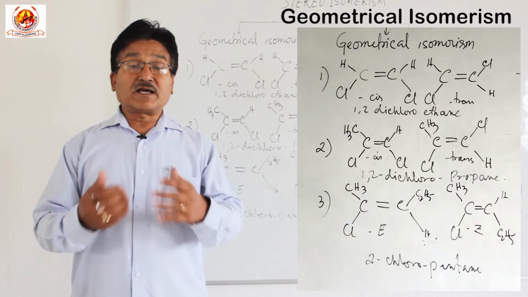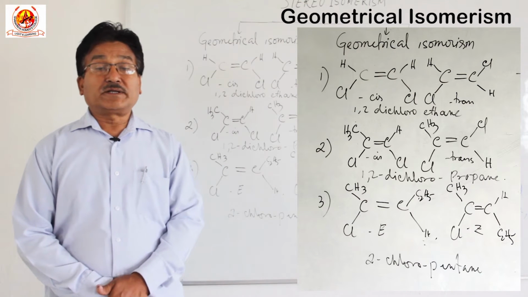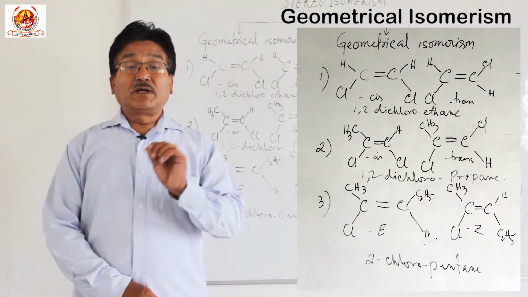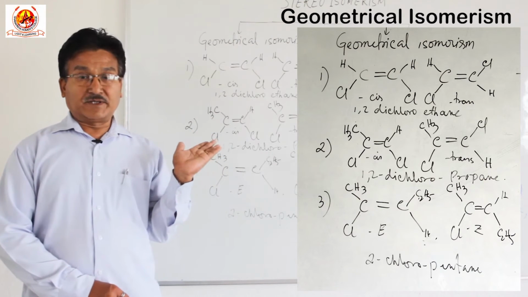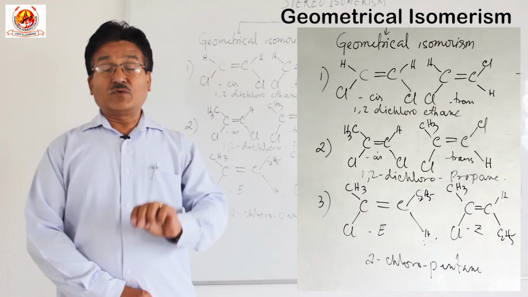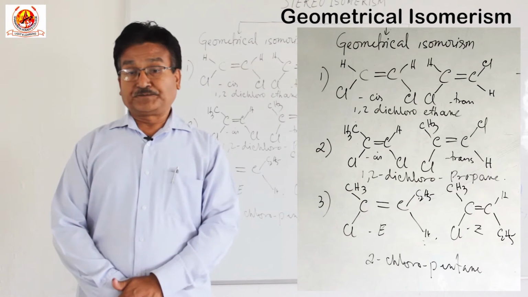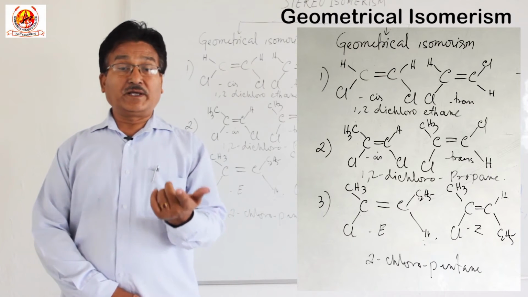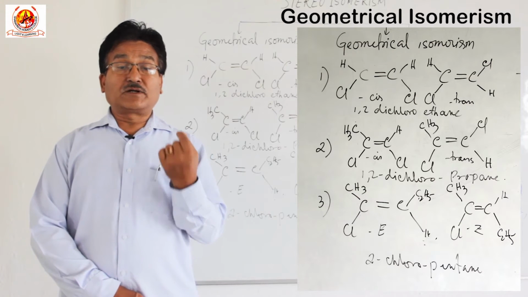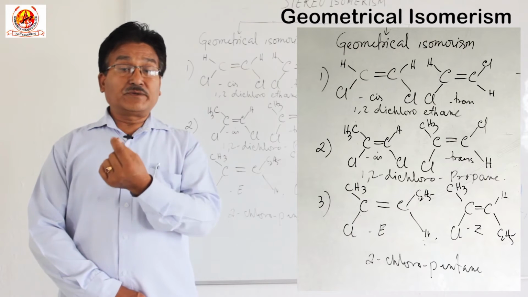Then another extreme case we are considering is 2-chloropentene. In this compound we have different groups or atoms on either side of the double bond. On the left side you see the methyl group and chlorine, and on the right side the ethyl group and hydrogen.